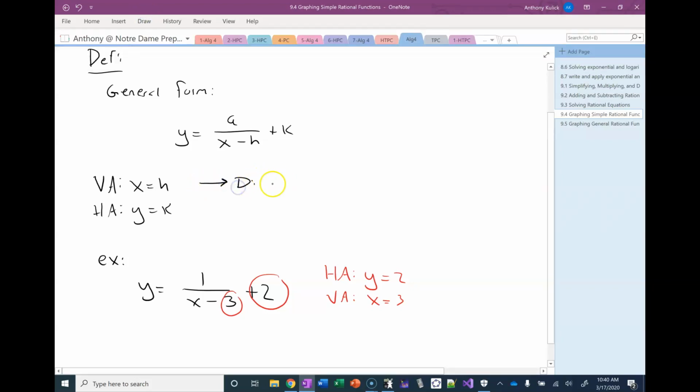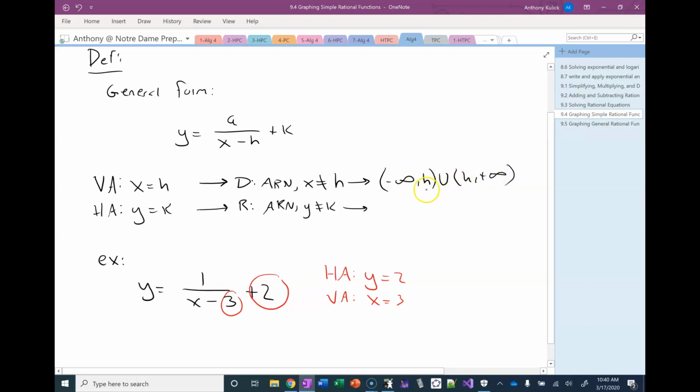So that means that the domain is going to be all real numbers except for h, and the range is going to be all real numbers except for k. Or if we prefer to use interval notation, that would be negative infinity up to h union h to positive infinity.